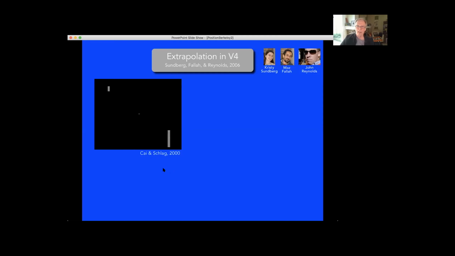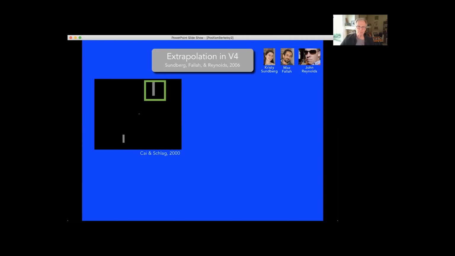And what Kristy and John and Mazyar did was they placed that stimulus passing over a receptive field, shown by that green box here. That's where the receptive field will be, and they recorded from the cell. These cells are not motion selective.